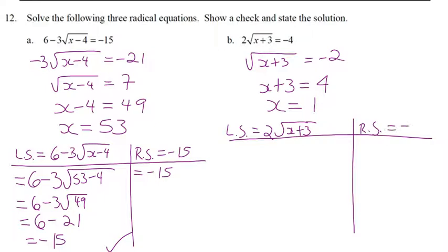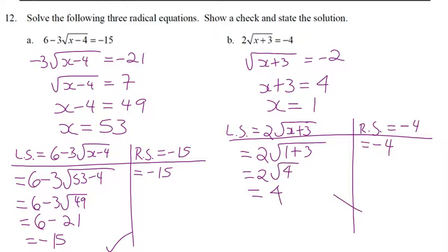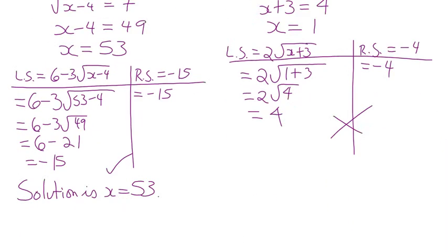Right side is equal to -4. 2 times root 1 plus 3. 2 root 4, which is 4. And that doesn't check. So the solution is there is no solution.